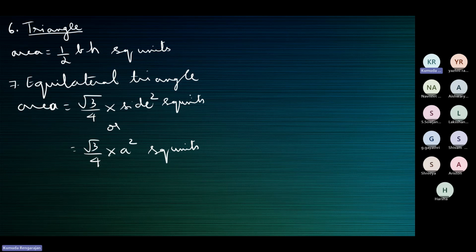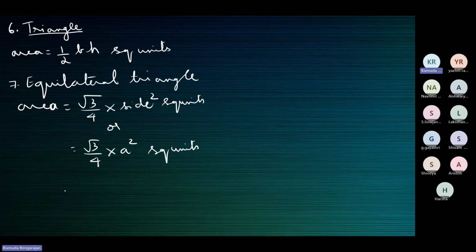Triangle in general, half base into height. If it's an equilateral triangle, area is equal to root 3 by 4 into side square, square units. Side is also a, root 3 by 4, a square, square units.